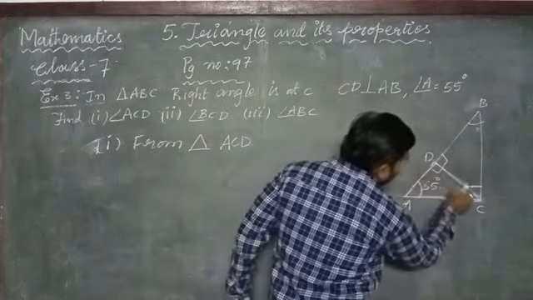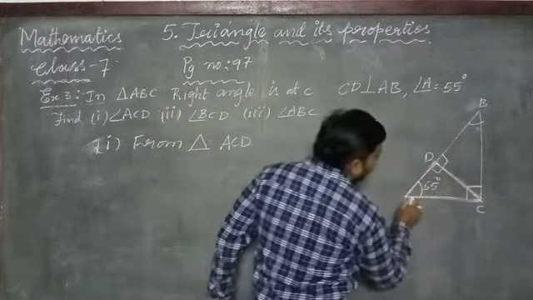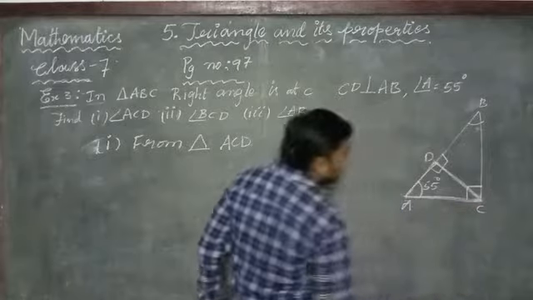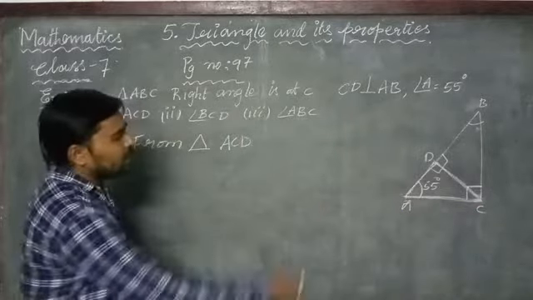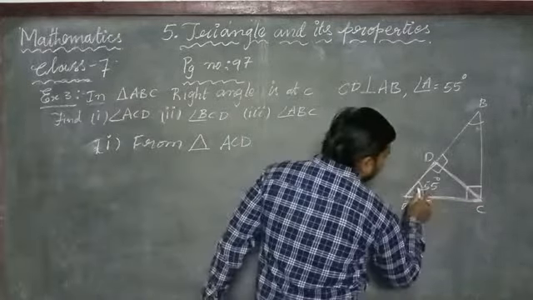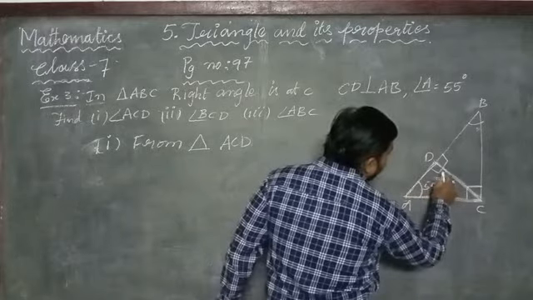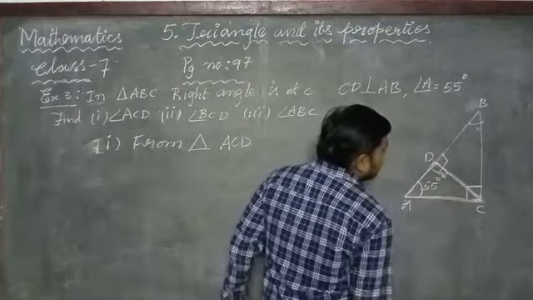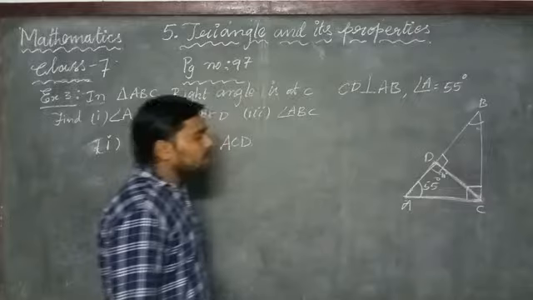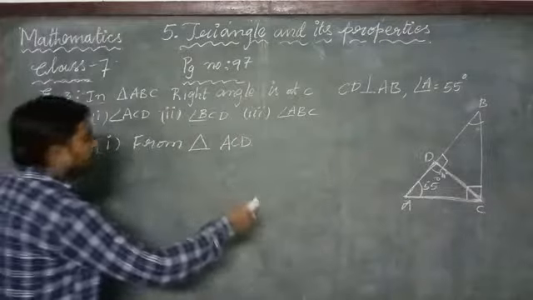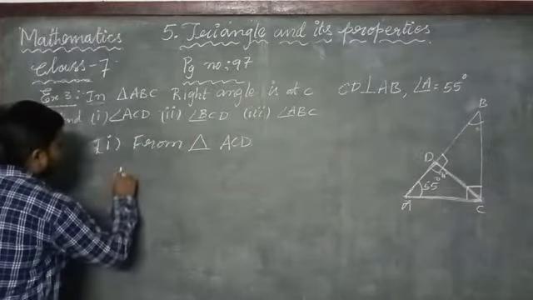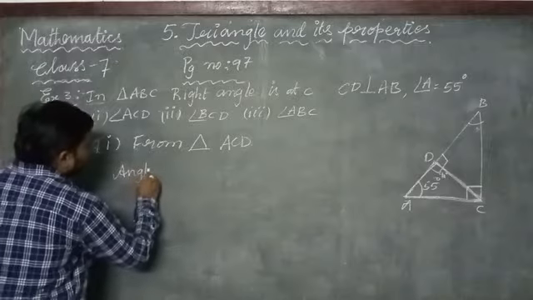So it is one of the triangles in this bigger triangle. Triangle ACD is the triangle, and it is having three angles. One of the angles is 55 degrees and the other angle is 90 degrees. Then we can calculate the angle C. Okay, now take the angle sum property.